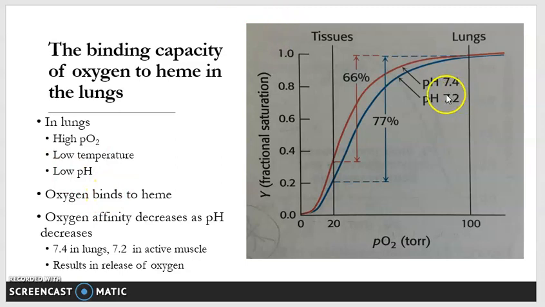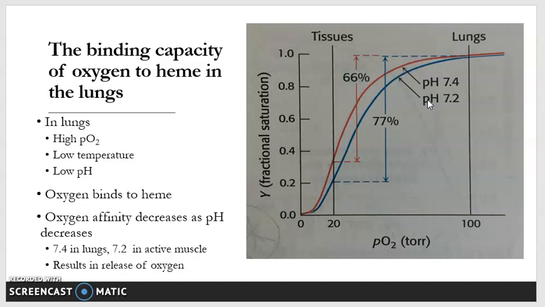So we have the pH of 7.4, which is the red curve, and it decreases to the pH of 7.2 and an oxygen partial pressure of 20 torr found at the active muscle. And this difference of pH and partial pressure results in a release of oxygen from oxyhemoglobin.